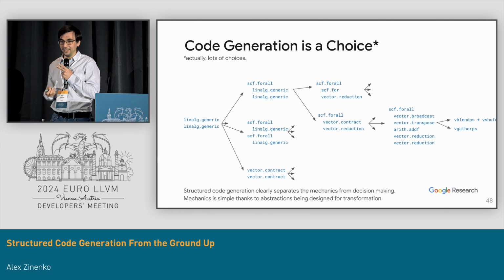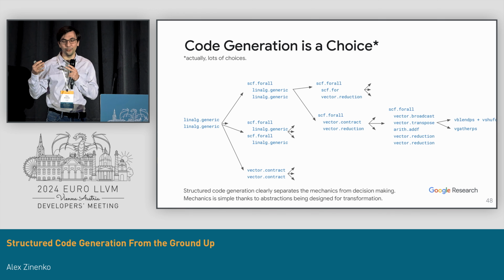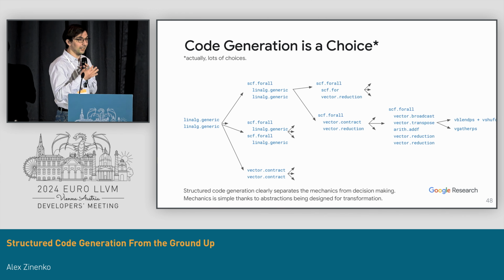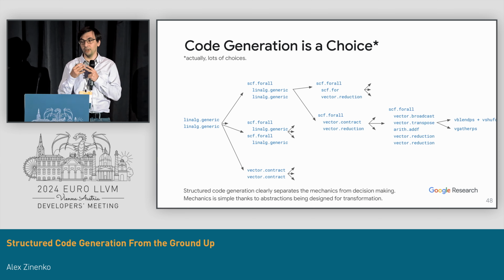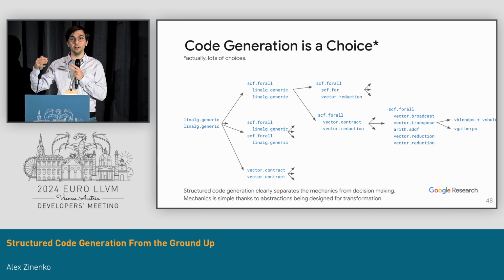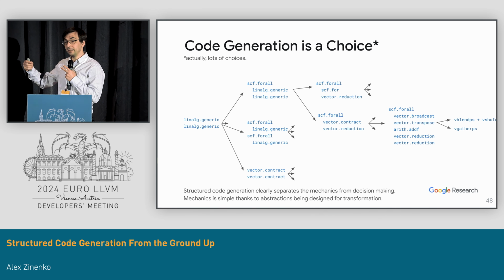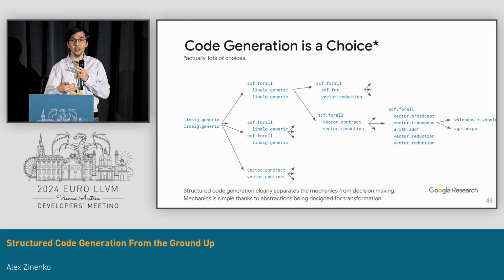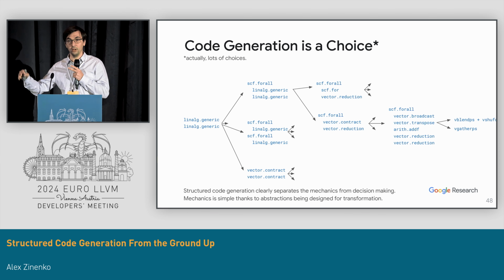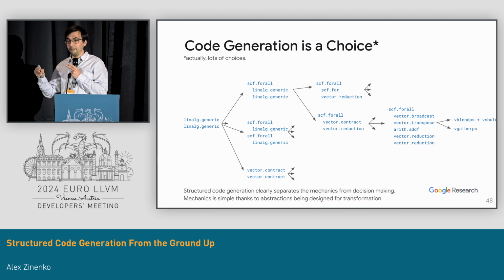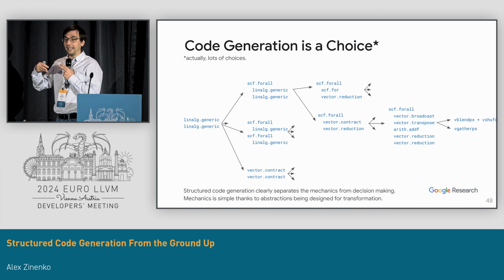I have this cocky slide saying code generation is a choice, but it's actually a lot of choices. When we are doing code generation, we can decide that we're going to generate loops that iterate over one element, or many elements. When we do many, we say how many, and how we select them. So we have many of these choices, and they're kind of recursive.